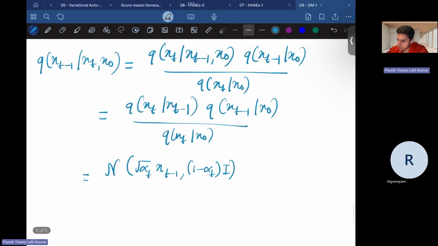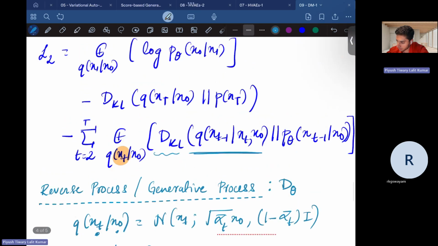What is q of xt minus 1 given x naught? That also we have derived.